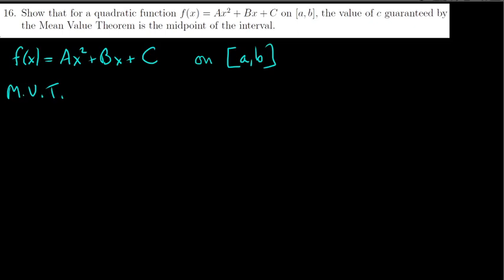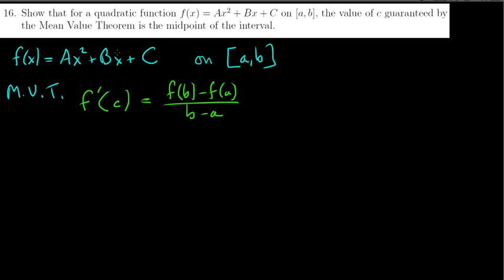The mean value theorem says that if f is continuous and differentiable, clearly it is, then the derivative of f at little c, not capital C, lowercase c, is equal to f of little b minus f of little a divided by b minus a. You would have had to look that up if you didn't remember it. So that's what the mean value theorem says.